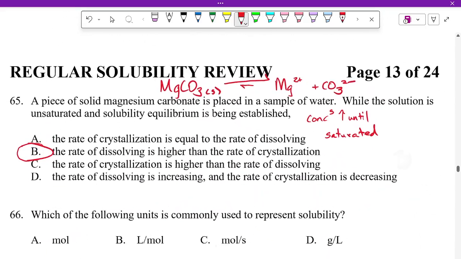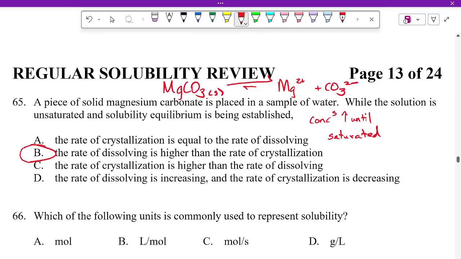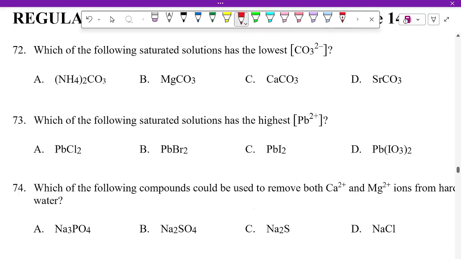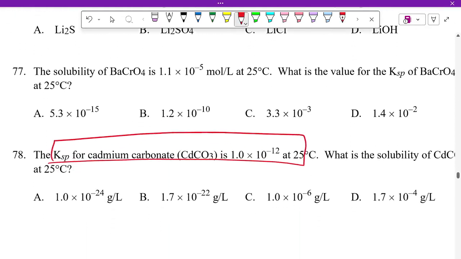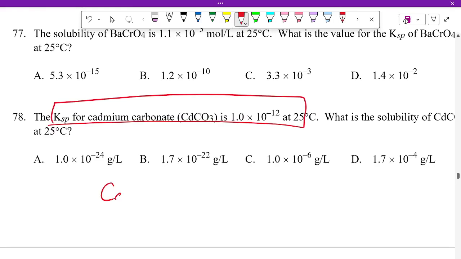There we go. 78. KSP for cadmium carbonate is 1 times 10 to the negative 12.